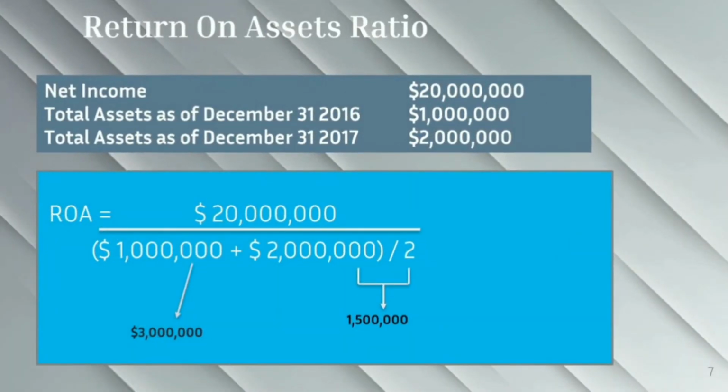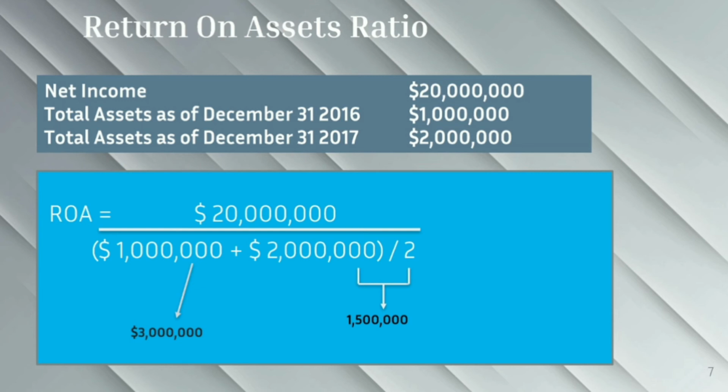So we have here the given. We have the net income of $20 million and the total assets. What I did is use December 31 so that it covers 1 year. The total assets on December 31, 2016 is $1 million and the total assets on December 31, 2017 is $2 million.